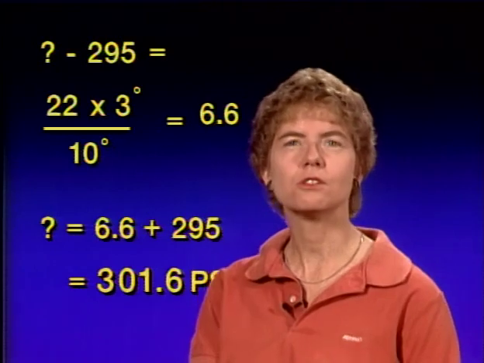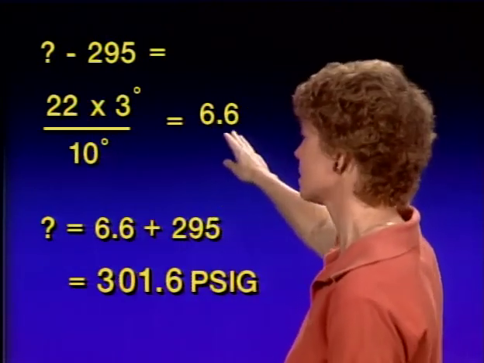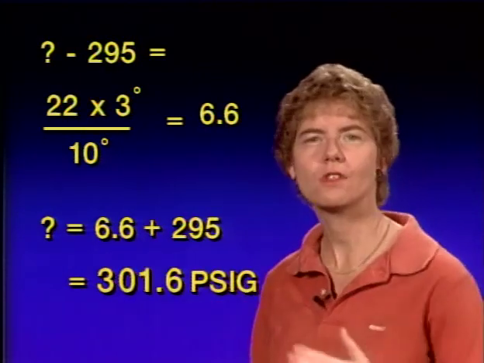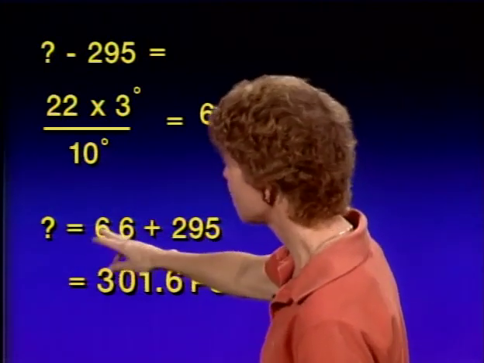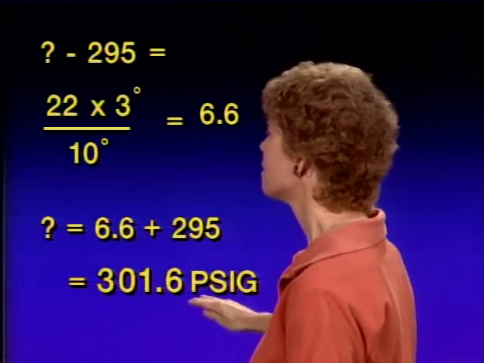3/10 of that 22 is 6.6 psi, and we add it to that lower pressure, 295. 295 plus 6.6 is 301.6 psig.